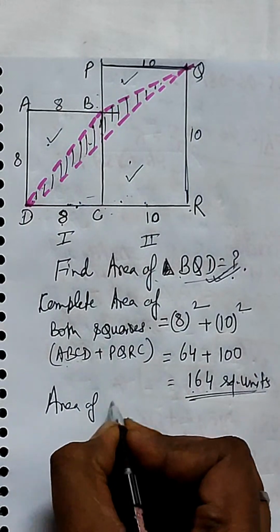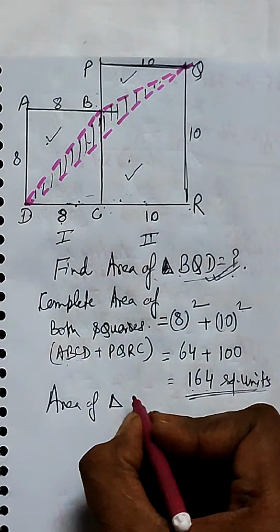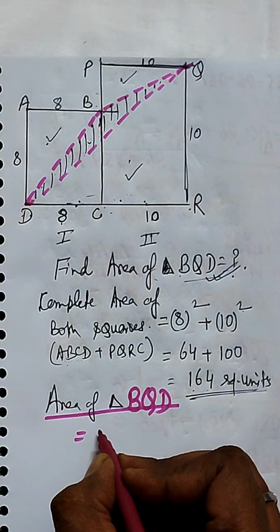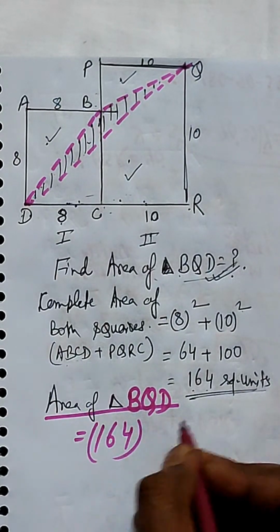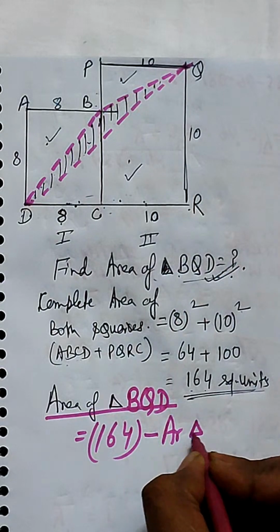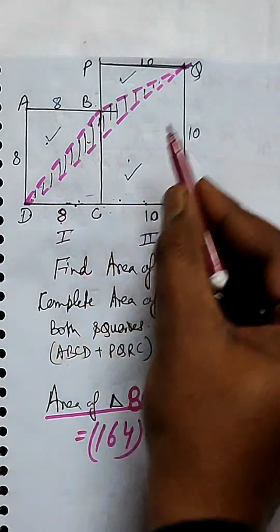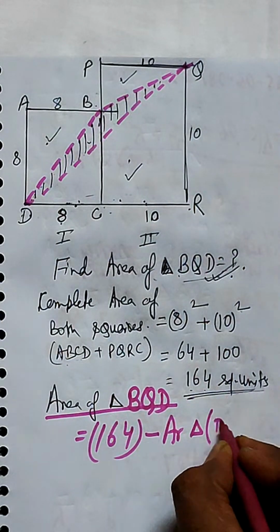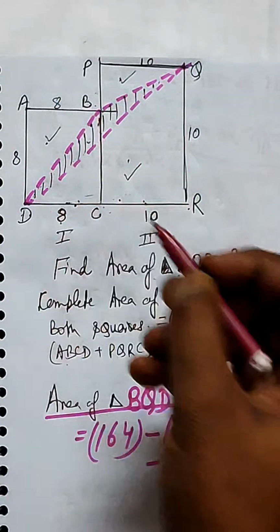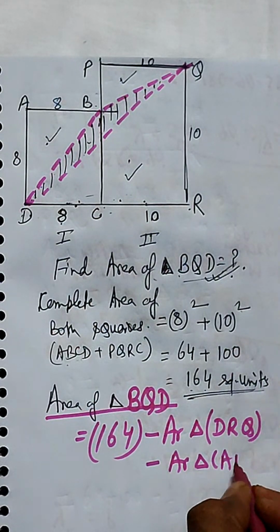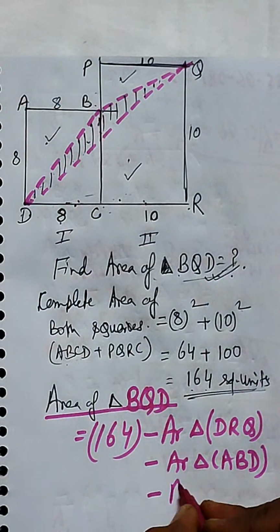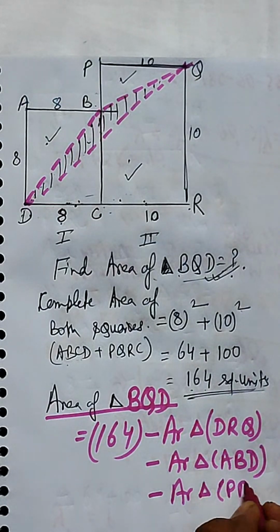Area of triangle BQD is equal to 164, that means the entire area, minus the area of triangle DRQ, again subtract the area of triangle ABD, and again subtract the area of triangle PBQ.